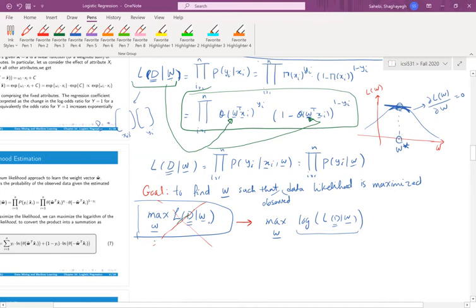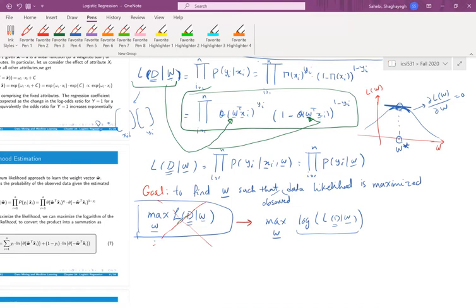And another good thing that happens if I take the logarithm is that all of these multiplications are going to be a summation instead. And working with summations is way easier when you want to take the derivative, right?